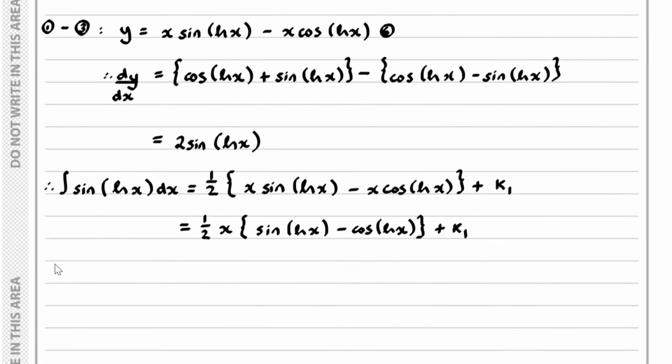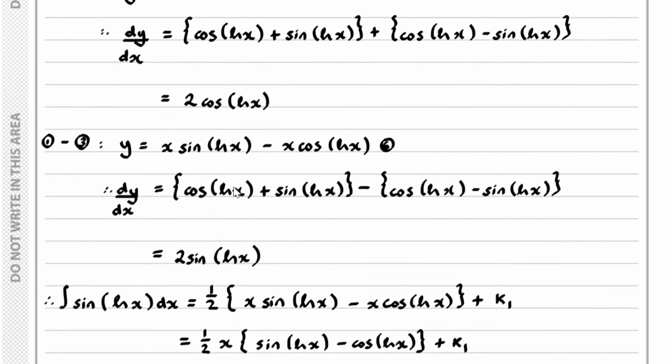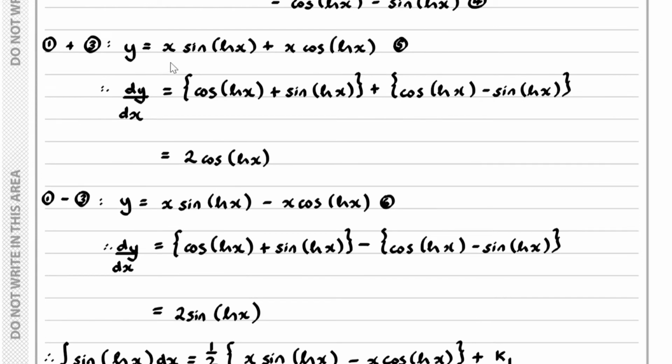And similarly, if I integrate cos of natural log x with respect to x, then what I will end up with, well, if I integrate 2 times the cos of the natural log of x, I end up with x sine natural log x plus x cos of the natural log x.